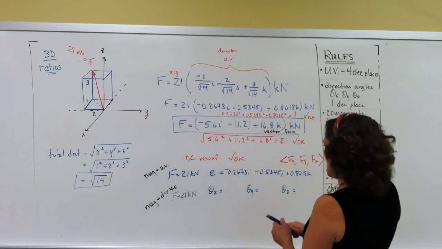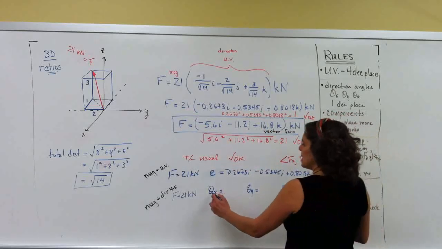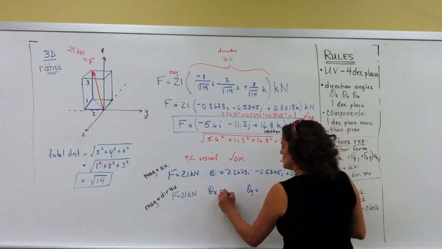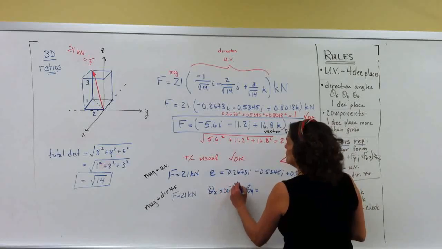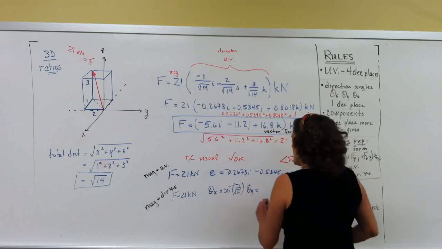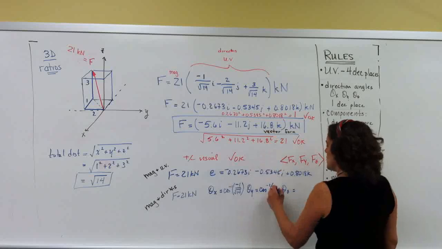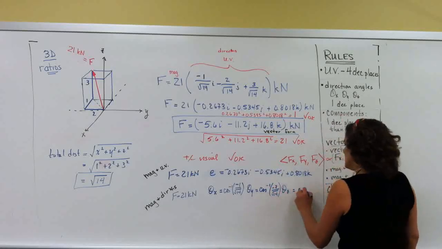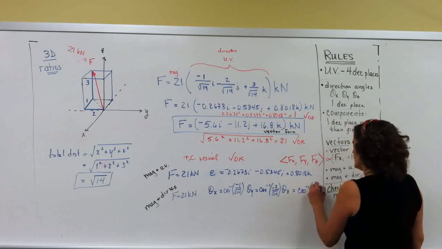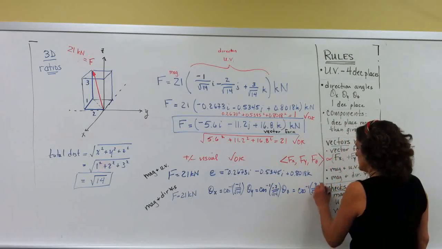So let's do it in 2 different ways. So the theta x is equal to the inverse cosine of 1 over radical 14. We'll do the same thing here: inverse cosine of negative 2 over radical 14, and the inverse cosine of 3 over radical 14.